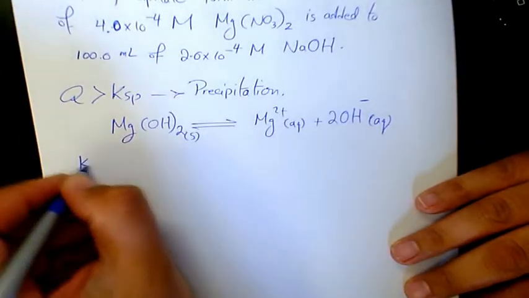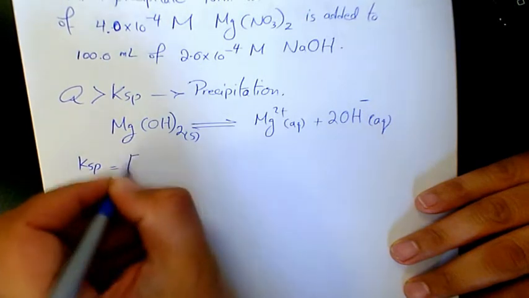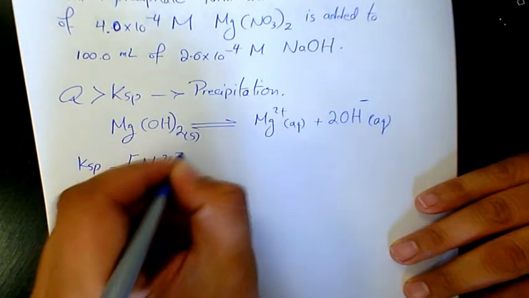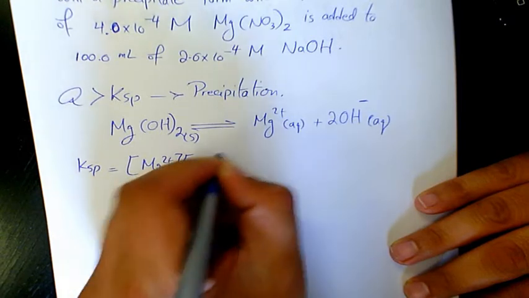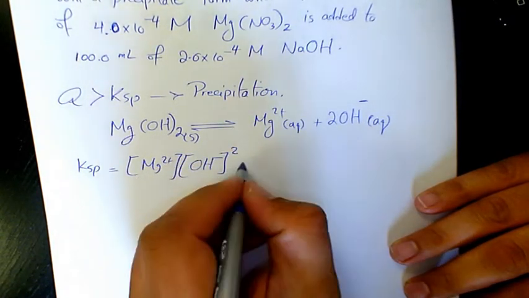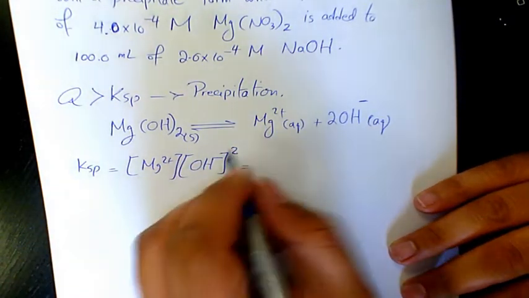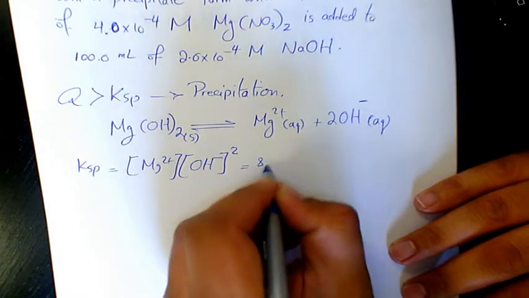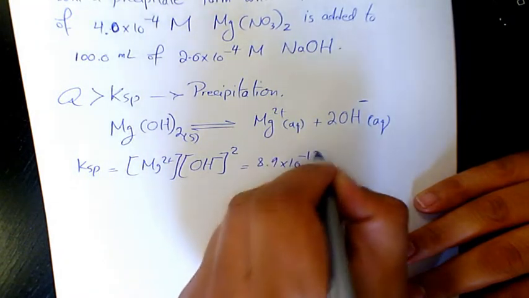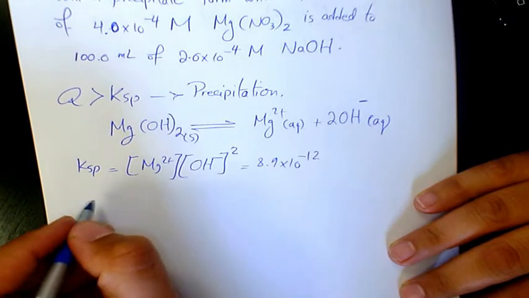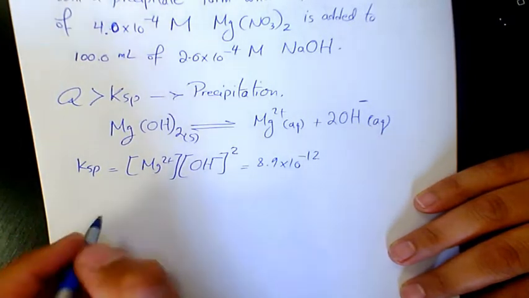So Ksp will be the concentration of Mg times the concentration of hydroxide to the power of 2. Ksp, when you read it from the table, is 8.9 times 10 to the power of negative 12. Now let's find out the concentration of these two.